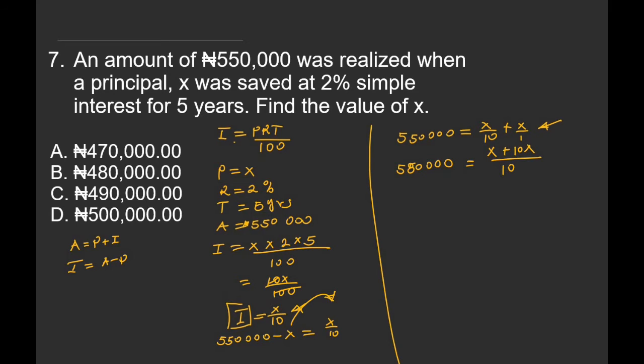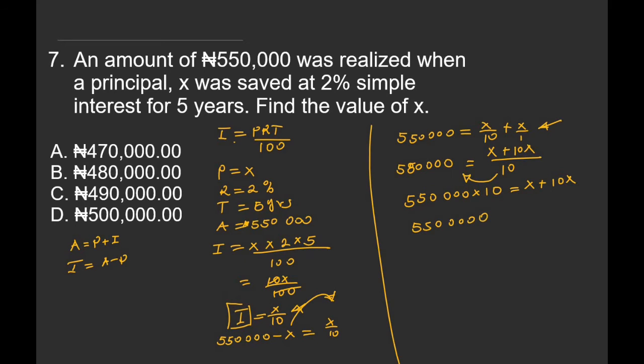Now this is simply equal to 550,000 times 10. If I cross multiply 10 here, equal to X plus 10x. Now this will be equal to 550.